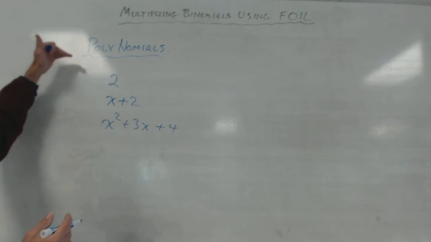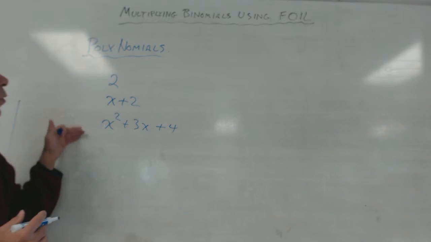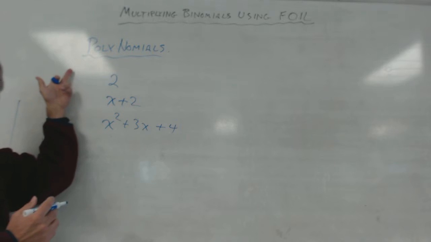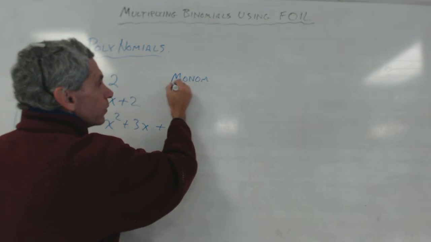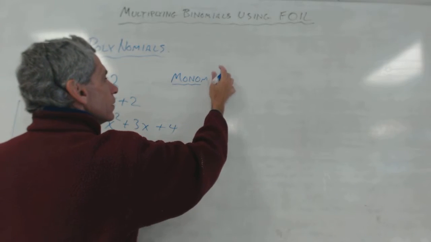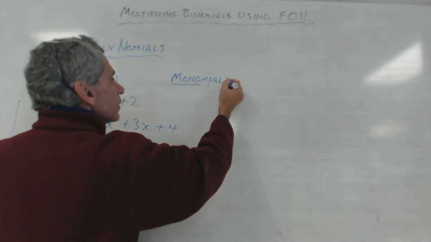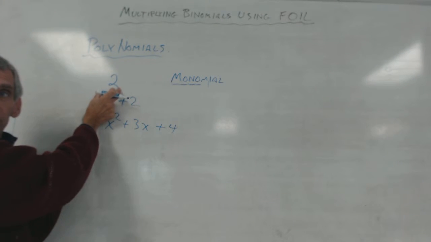Now, polynomials are broken down into possibilities. You could have a monomial. Mono means one. That's a monomial. There's only one term, right?